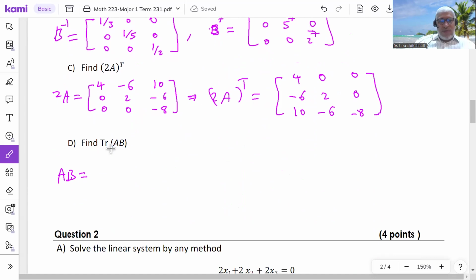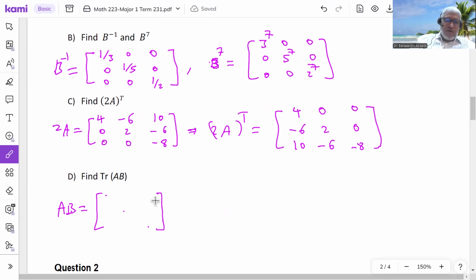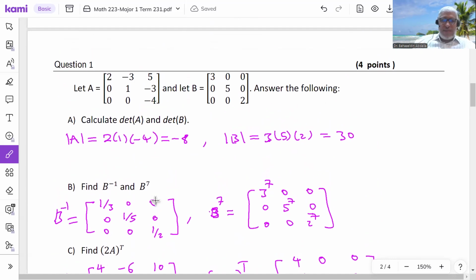Notice that to find the trace, we need the elements on the main diagonal. The other entries are not important because for the trace, we just add these numbers. So you can find these three numbers easily because this is upper triangular and this is diagonal, by multiplying the numbers on the main diagonal of both matrices.